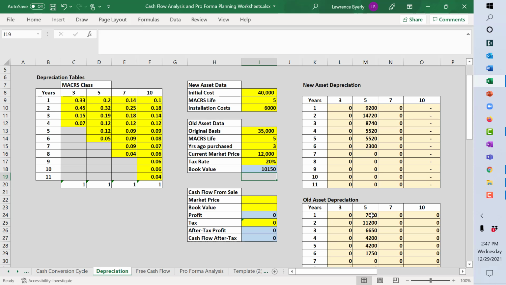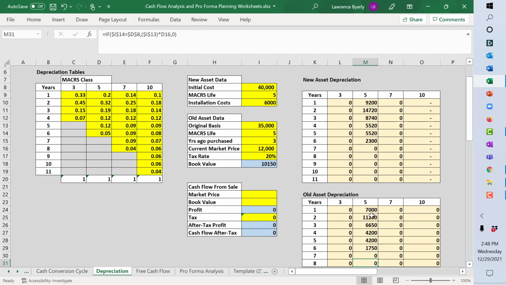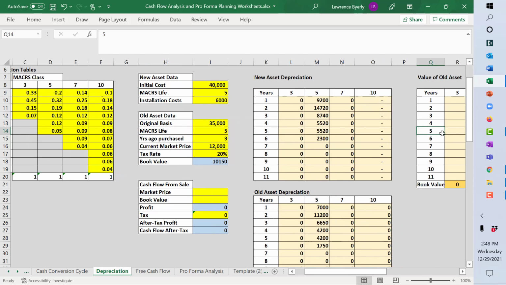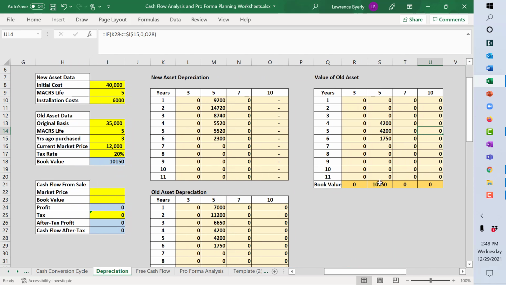Well, down below here now, we have the depreciation on this old asset. To the right of this, we also have a calculation of what's referred to as the book value. The book value is the remaining depreciation for the asset once we liquidate it. So if you remember, it was a 5-year asset.